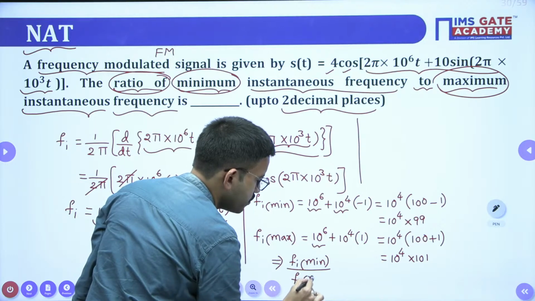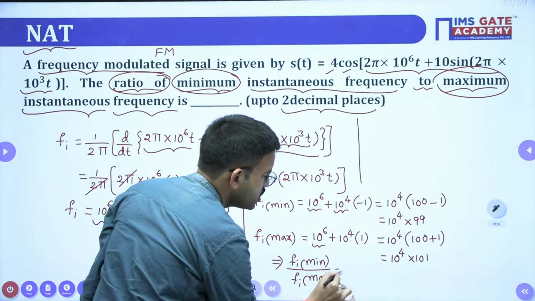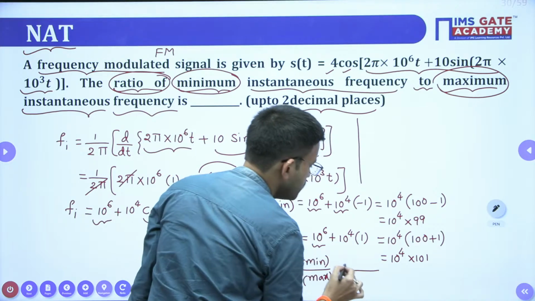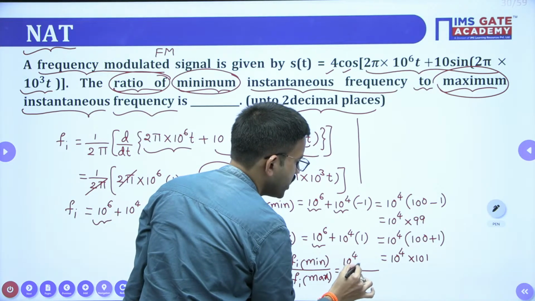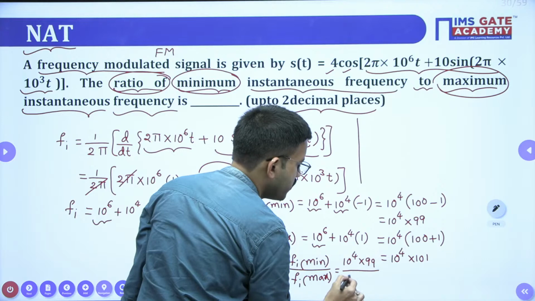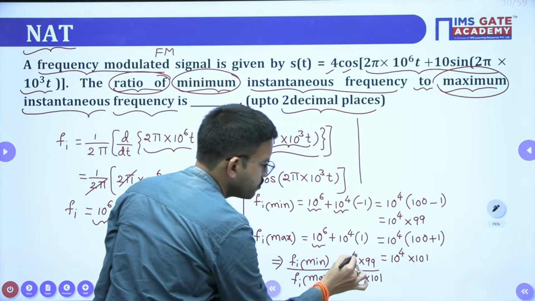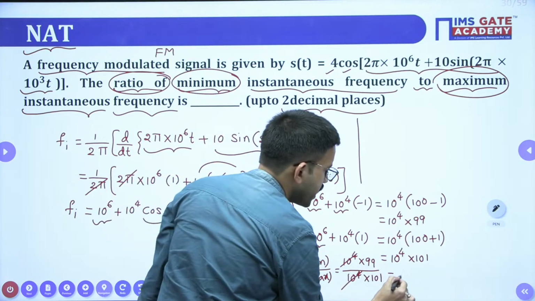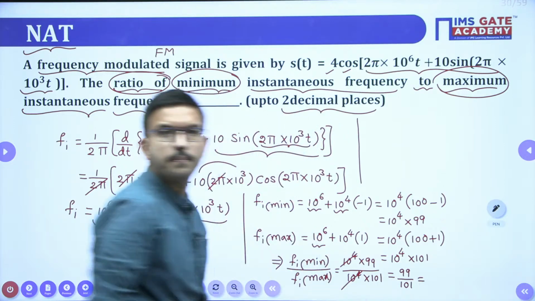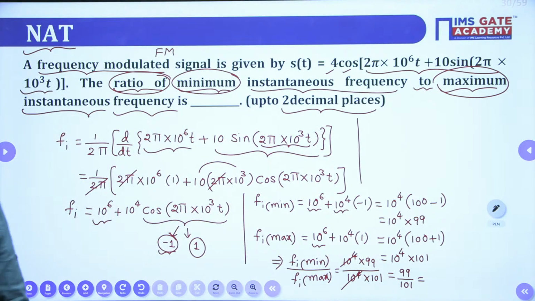In the numerator you have 10 power 4 into 99, in the denominator 10 power 4 into 101. So 10 power 4 will get cancelled, and you get 99 divided by 101. If you do the simplification, you will get 0.98.